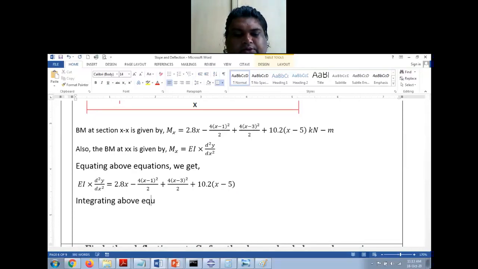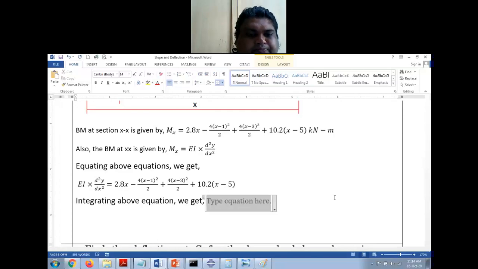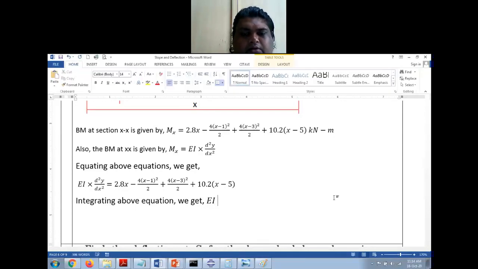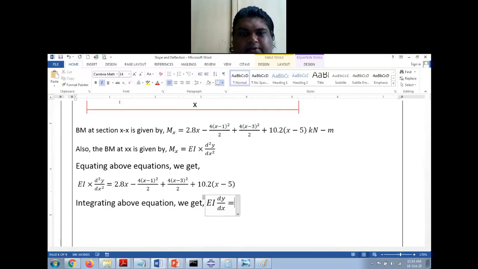Integrating above equation, we get, now what do I get? It will be EI dy by dx is equal to 2.8x is there, so it will become 2.8x square by 2, right?